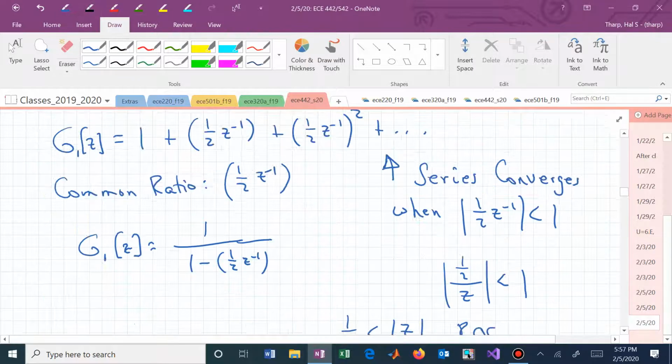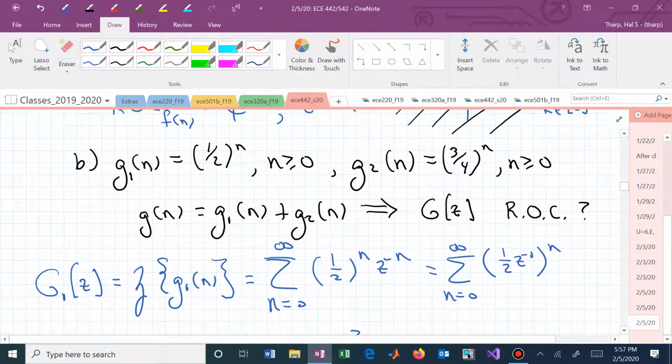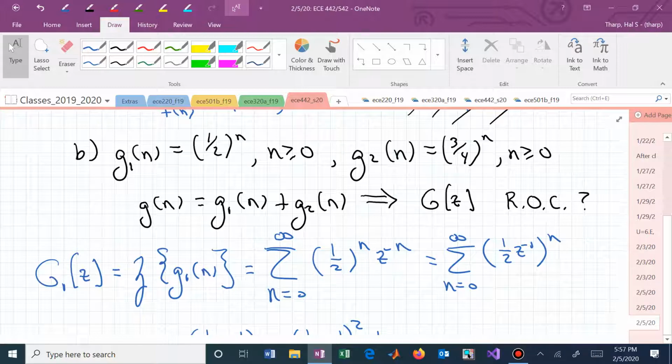What are we interested in? We're interested in the region of convergence of little g, which is the combination of G1 and G2. Now we need this region of convergence to hold for G. And when will both of these regions of convergence be true?